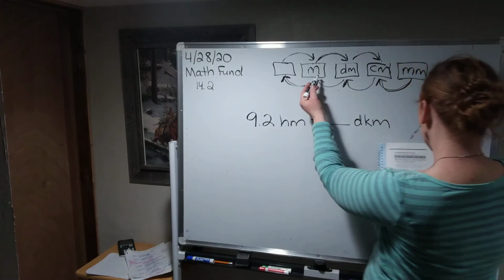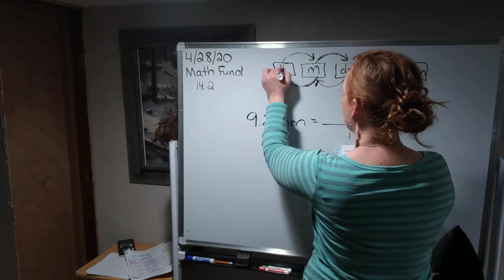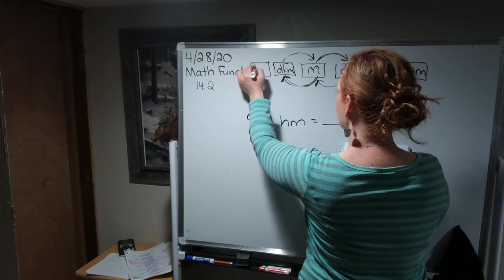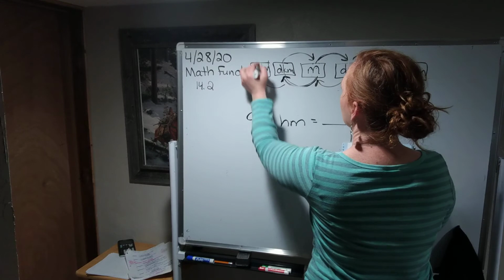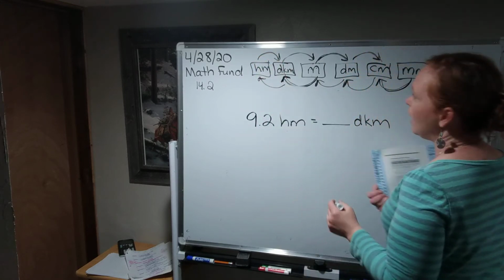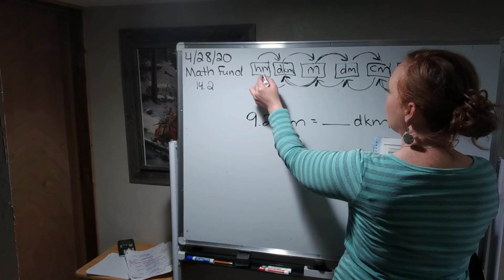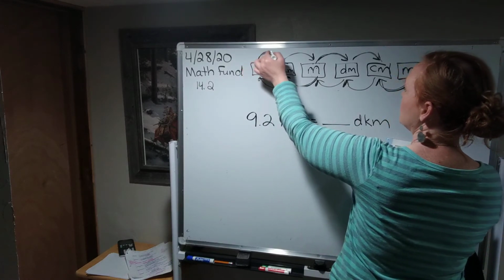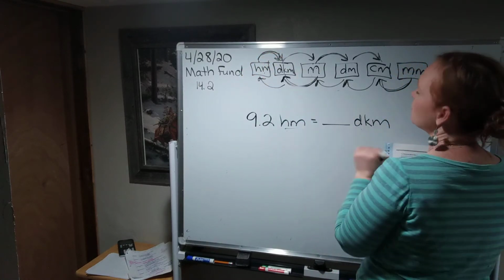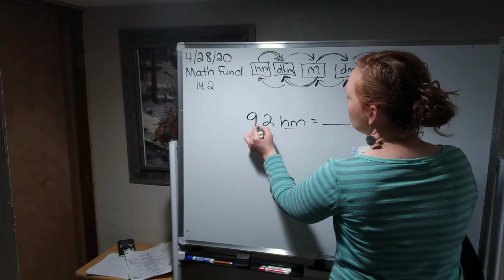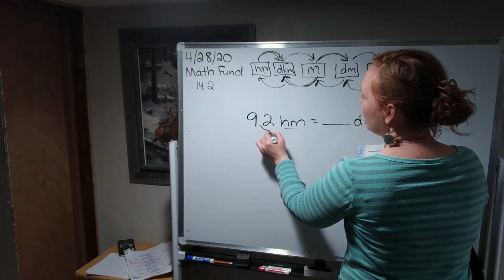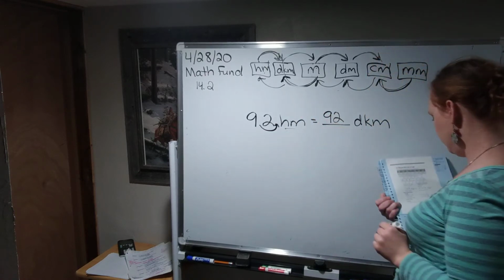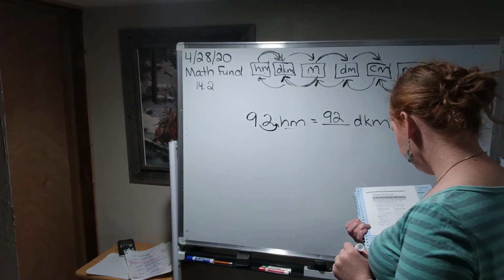So we had meters, then we had DKM, and then that next box is HM. So I'm starting at the hectometers and I'm moving to the decameters. So I'm going to start here, and what do I need to do? I need to jump 1 to the right. So I need to move 1 to the right. Okay, so 92 would be my answer.